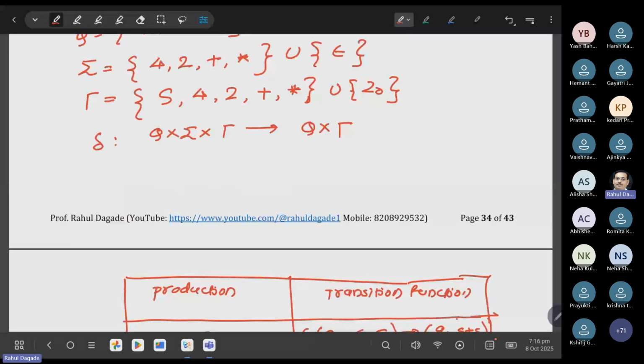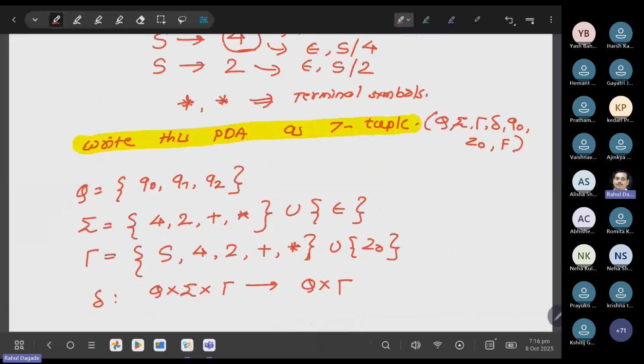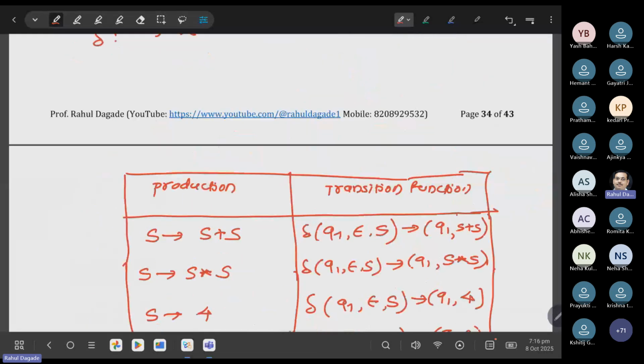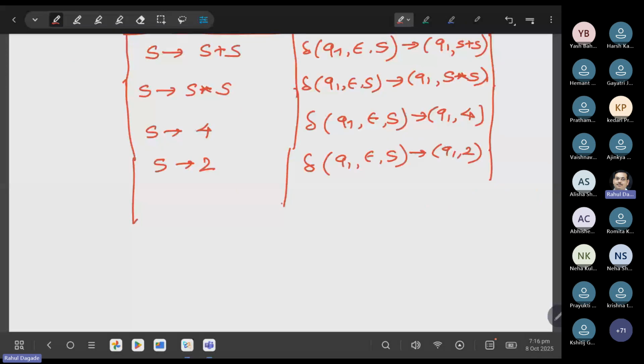Similarly, more transition functions are also there. For example, this transition function: when null is input and Z0 on stack, that is Q0. This is the basic transition, and some other transition functions are required. Delta Q0, null is the input and Z0 on stack, then we go into Q1 state by pushing S on stack.